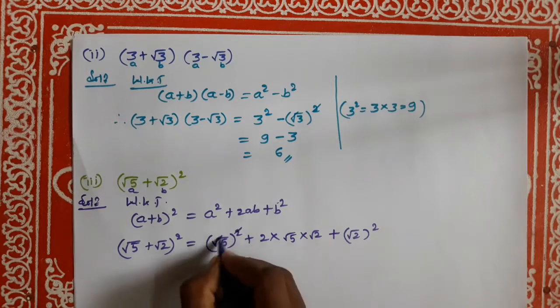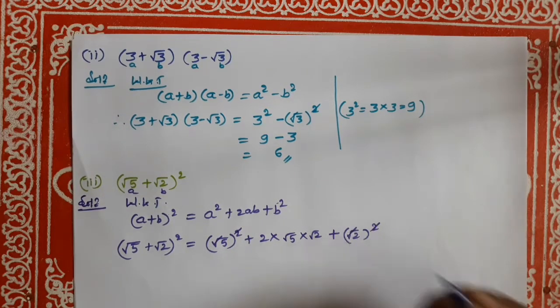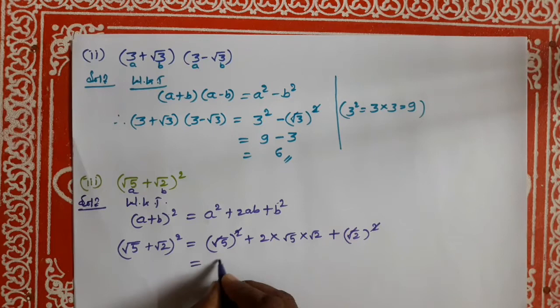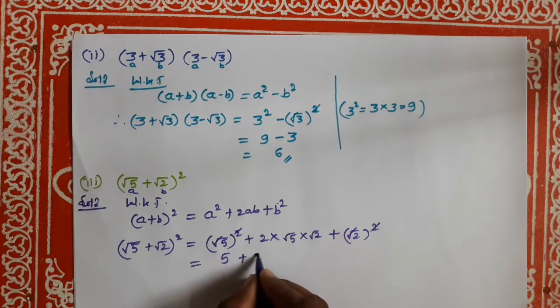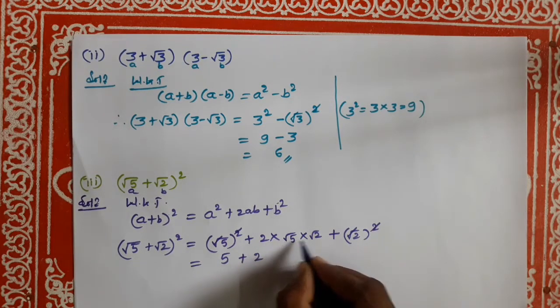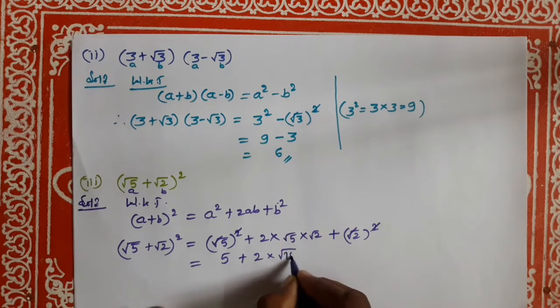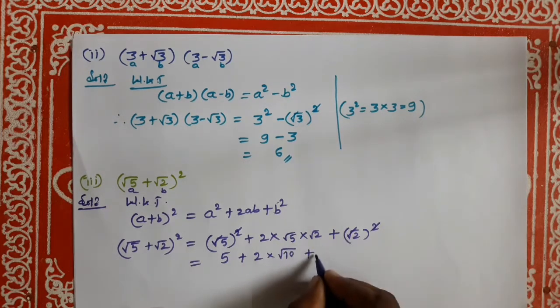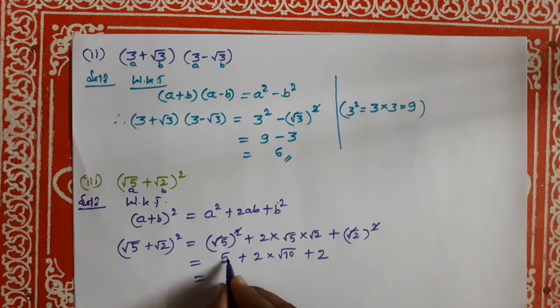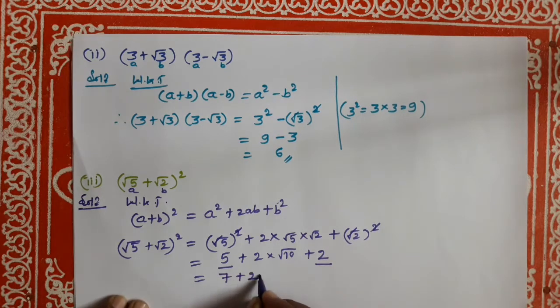The square and root will get cancelled, giving 5 plus 2 into square root of 5 into square root of 2. The order is the same, so multiply 5 and 2 to get square root of 10, plus 2. Adding 5 plus 2 gives 7. So 7 plus 2 root 10 is the answer.